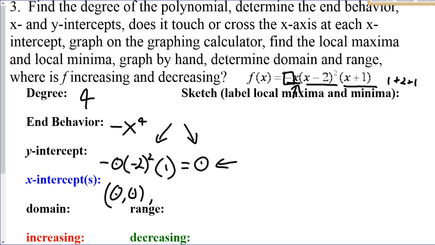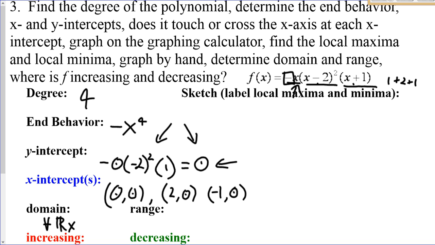I'm going to get another x-intercept at 2. And then here I get an x-intercept of -1. Okay, my domain is going to be all real x's. And then my range, I'm going to try and graph it first, and I want to get some ideas around what's happening here.